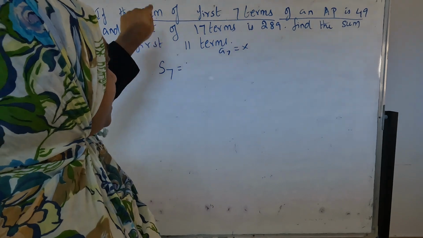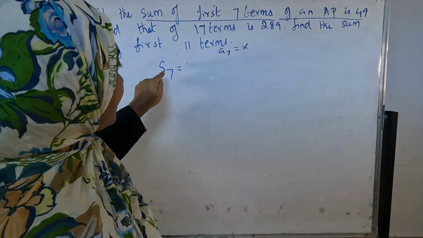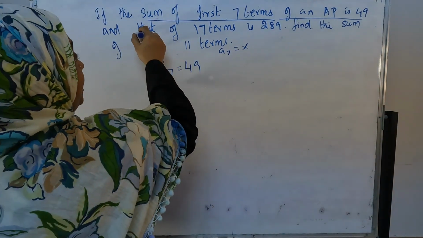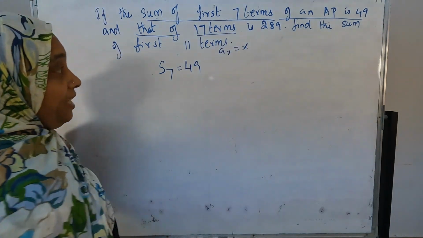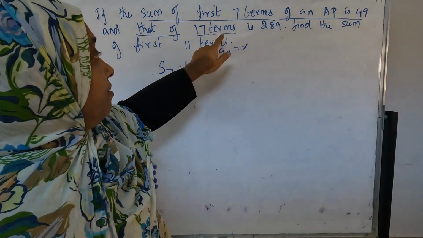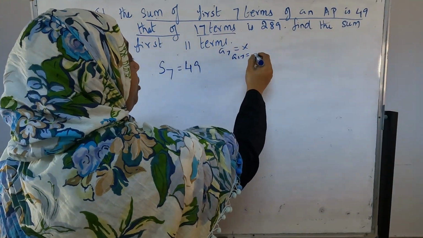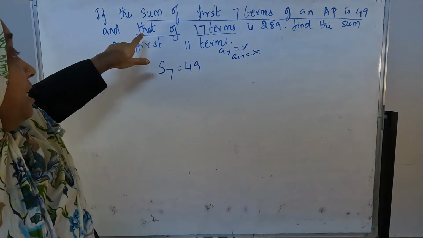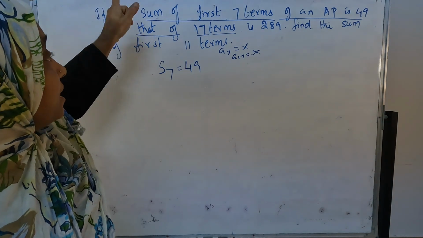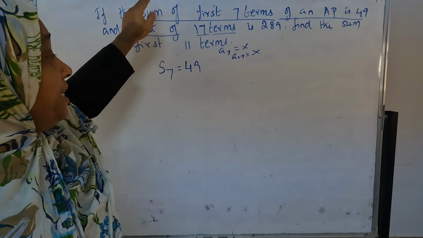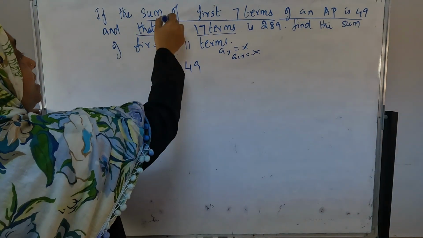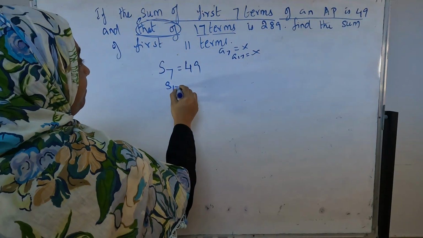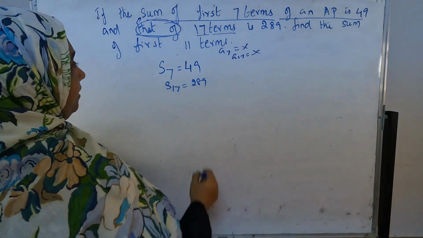Carefully see, sum of first 7 terms, so S7 is 49, and that of 17 terms. Here suddenly you see 17 terms. You people write A17, not like that. 'That of' means sum only, previous sum only. That means S17 is 289.